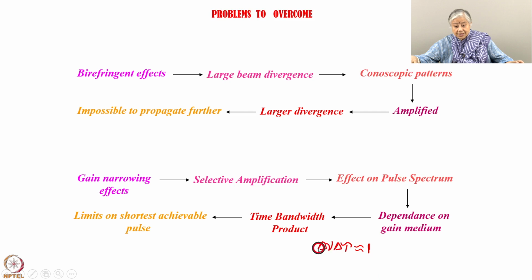If your delta nu is getting narrowed, becoming smaller and smaller, then your delta t is becoming larger. So here again you started off, say, with a picosecond pulse, but because of the gain narrowing, it has become a nanosecond pulse. Okay. So that's one problem here.